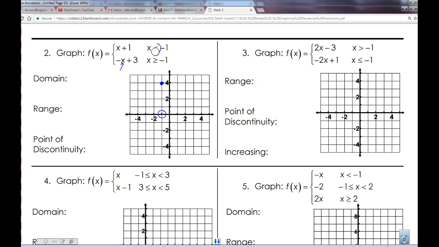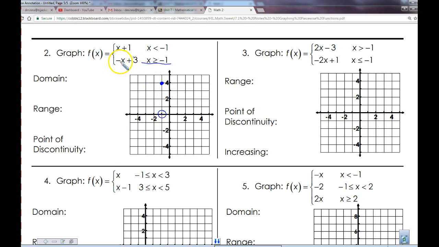I tend to do my right-hand sides first, so I'm going to do this one first. The one that's x is greater than or equal to negative 1. So I know I'm going to be up in this range, because I'm greater than or equal to negative 1. It says, when x is greater than or equal to negative 1, here is my equation. Well, I've got a point. If I have a point, all I need to use is the slope to get my next point, and so on. So what's the slope of this equation?